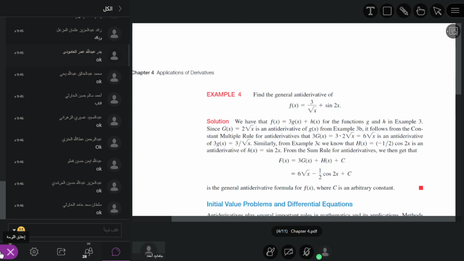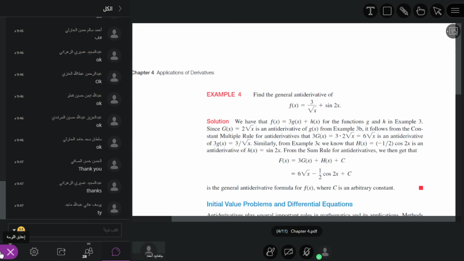Okay, so if you have any question, you can ask. No problem. About the syllabus for the first exam, some student asked what will be the syllabus for the first exam.